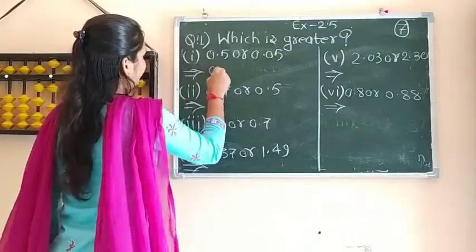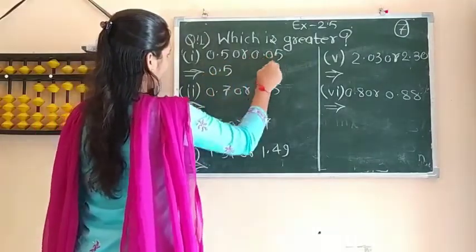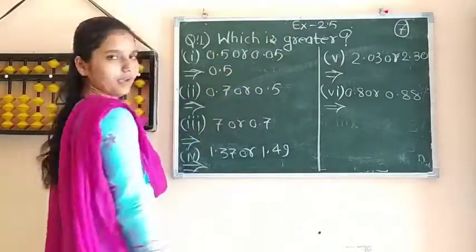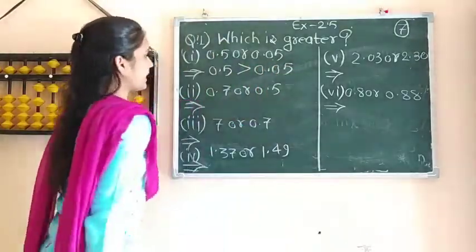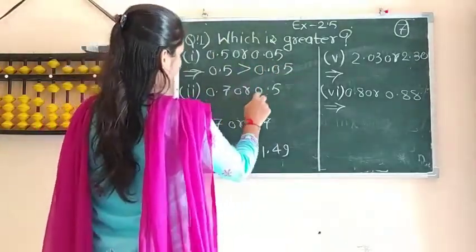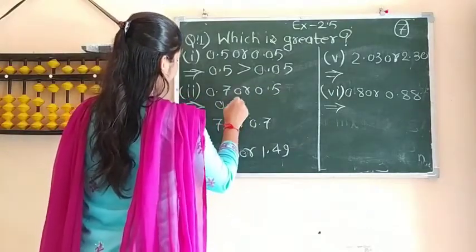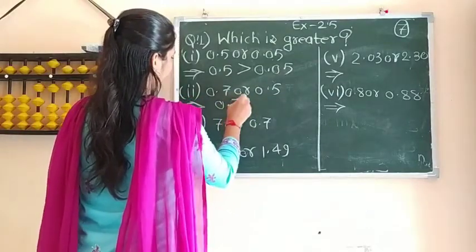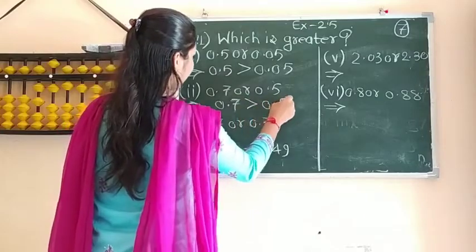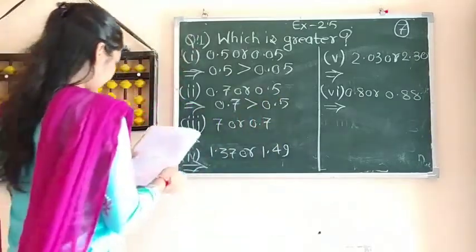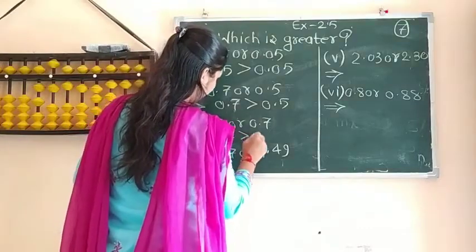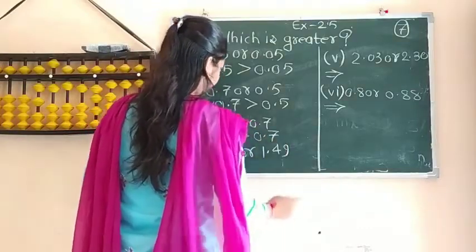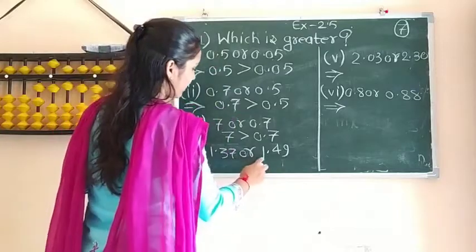So see 0.5 and 0.05. Which is greater? 0.5 is greater, so it is greater than 0.05. This is the answer. 0.7 or 0.5? 0.7 is greater than 0.5. The next is 7 or 0.7. So 7 is greater than 0.7. 1.37 or 1.49.